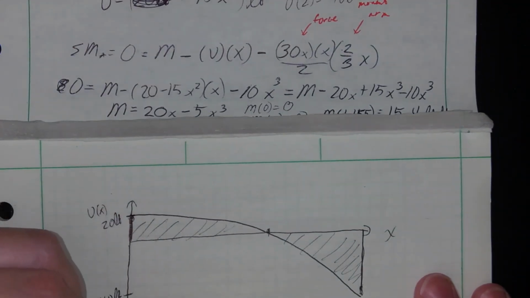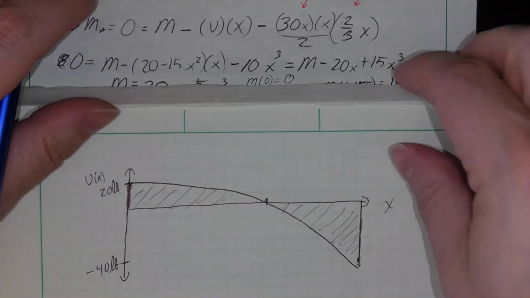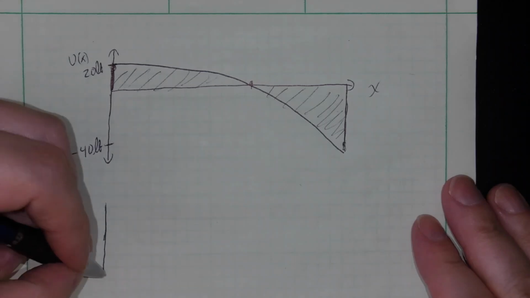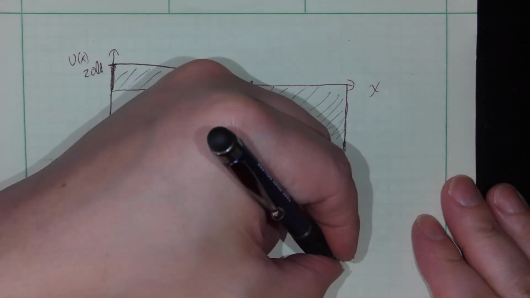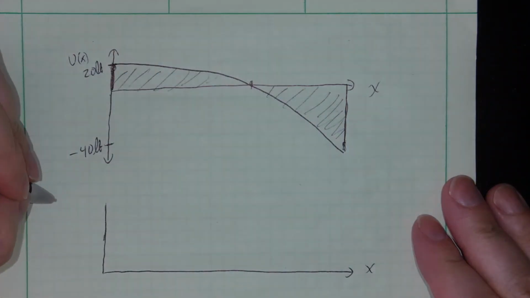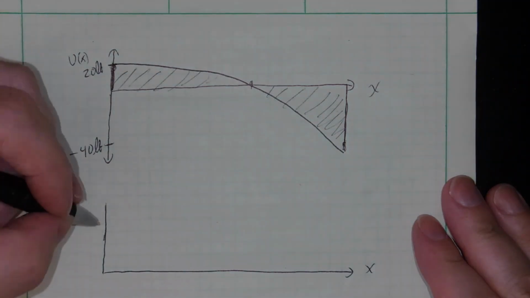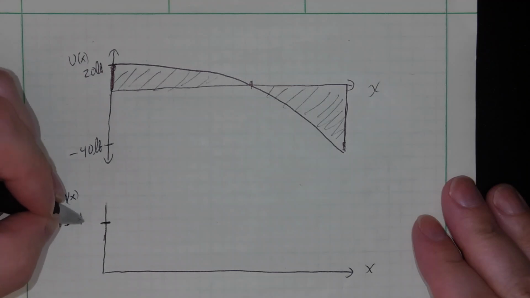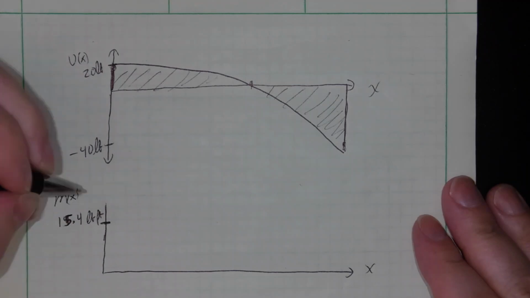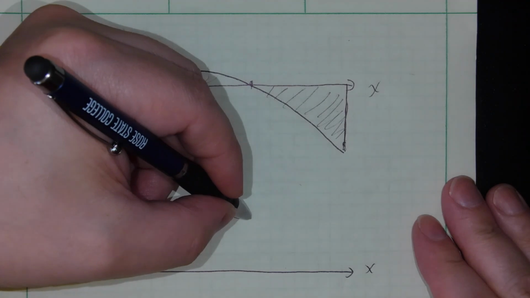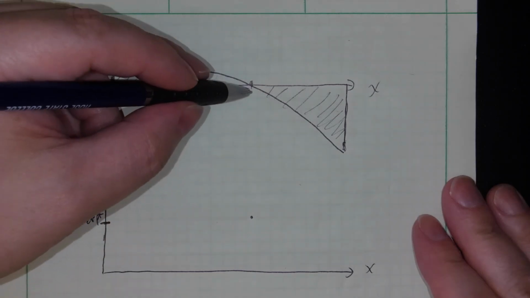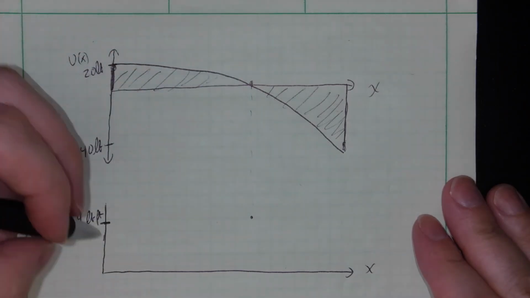So if I draw my moment diagram here, x, moment of x, I've got a value of 15.4 pound-feet that is going to occur here in line with that 0.